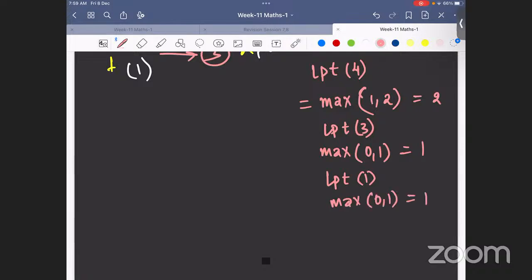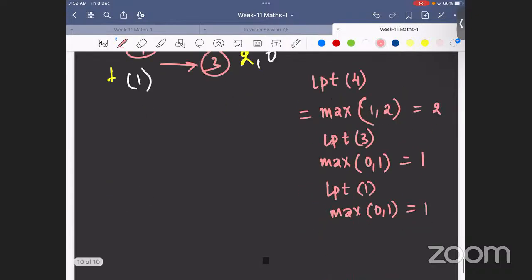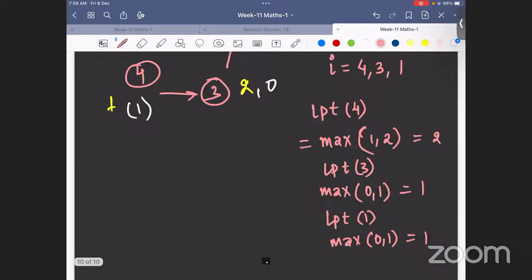Can you please explain that? Okay. So for 3 earlier it was 0, right? Yes, sir. So earlier it was 0. So 0, comma 1. And 1, from where did you get 1? 1 plus LPT of u. Yeah, basically the u is 0. Yeah, correct. Okay, sir.